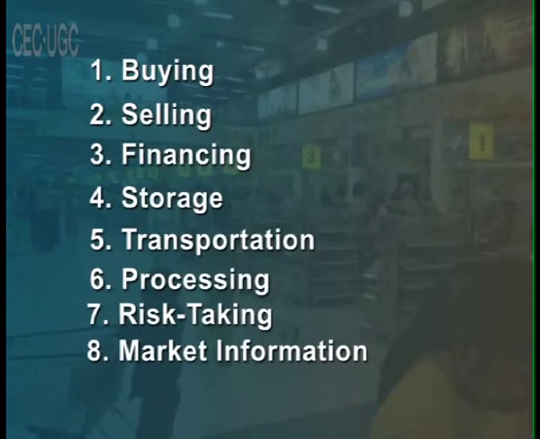Eighth, market information. Information from around the world about market conditions, weather, price movements, and political changes can affect the marketing process. Market information is provided by all forms of telecommunication, such as television, the internet, and phone.